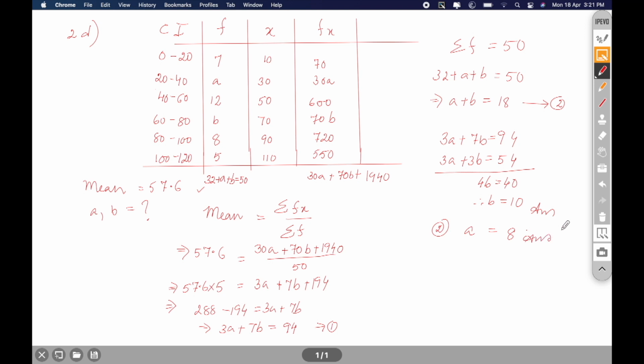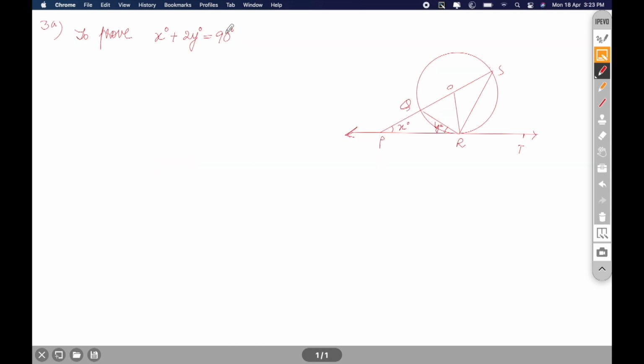Next, question number 3a. So question number 3 is, in the given figure, PT touches the circle with center O at R, diameter SQ when produced meets PT at P, angle SPR equals x degree, angle QRP equals y degree, to show that x degree plus 2y degree equals 90 degree.